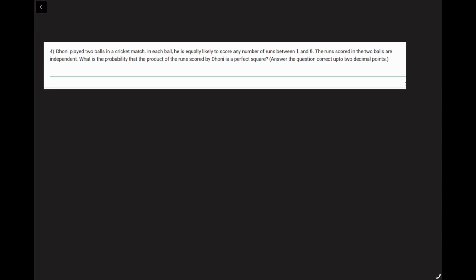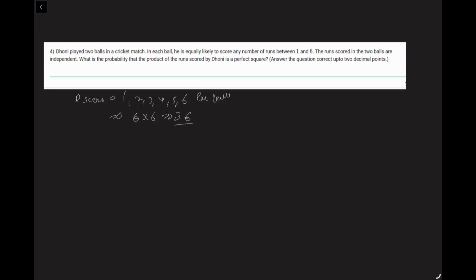So let's solve the problem step by step. Dhoni can score how many runs per ball? He can score 1, 2, 3, 4, 5, or 6 per ball. For 2 balls, there are a maximum of 36 outcomes that he can get.